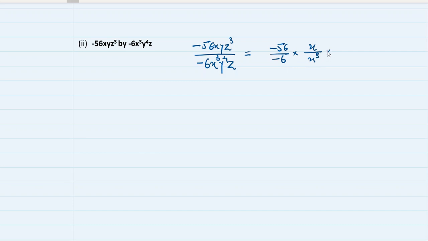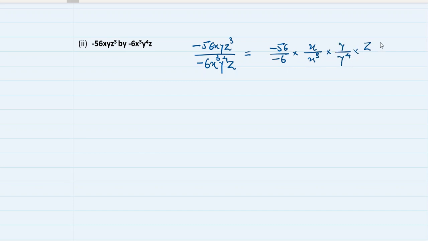Okay, next. Minus 56 x y z cube divided by minus 6 x cube y to the 4 z. Now if you want to write them separately, it's nice. If you don't, that's also okay, but because these are basic questions, I would want to write them separately and then show you how to divide.